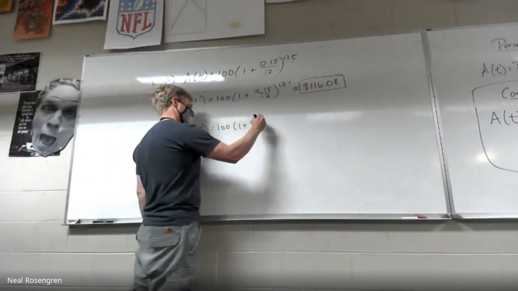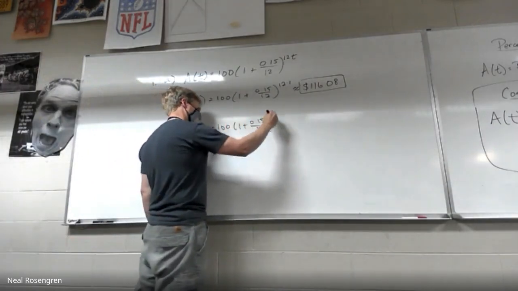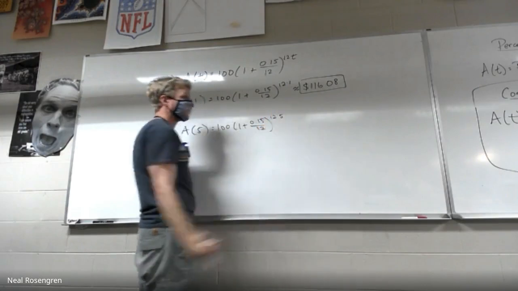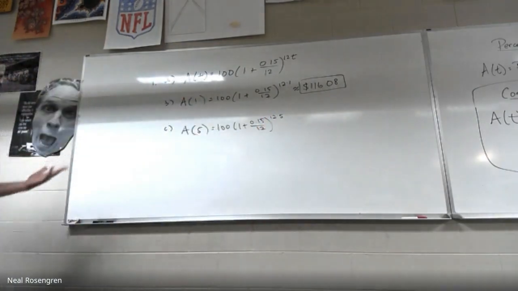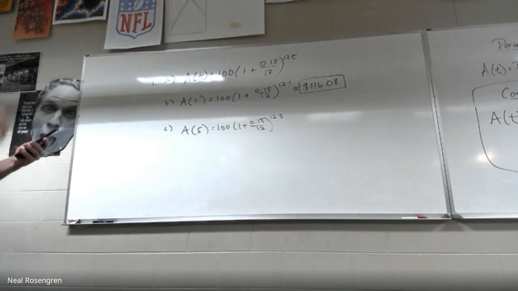Formula, now 12 times 5, or if you want, you can just write 60 in the exponent, if you don't have to. What's nice about the Calculate 84 app is once you go into the exponent, it keeps you up there until you tell it, with that right arrow, to jump back out.